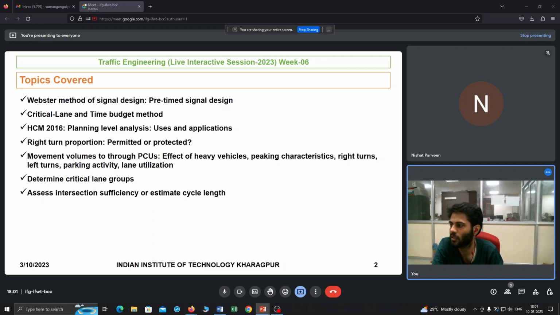Mainly these are the three things which have been given more emphasis, because the concept is important in terms of operational analysis, but we may not have to remember those formulas, right? So that's why it is important to know, but we may not be able to cover it here.